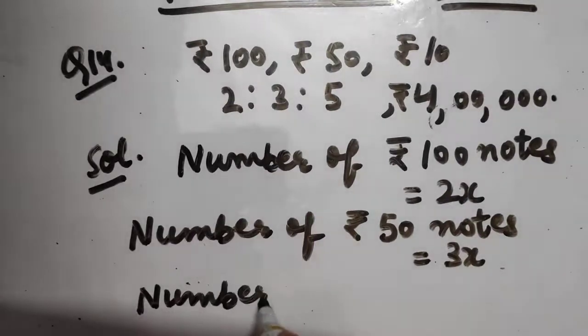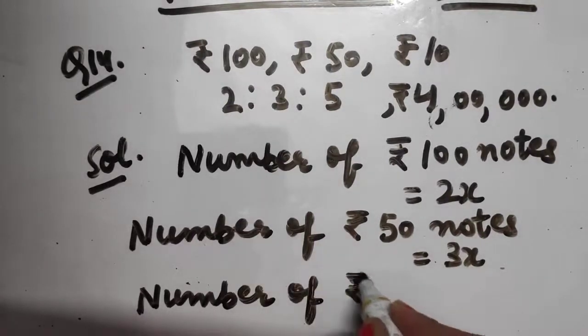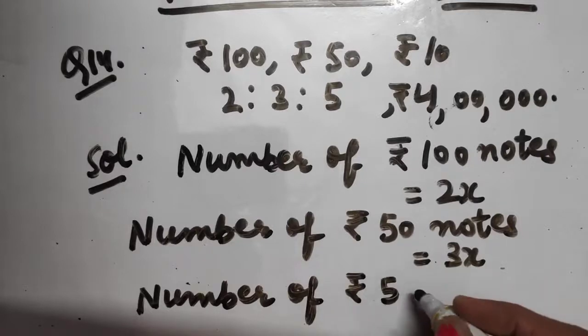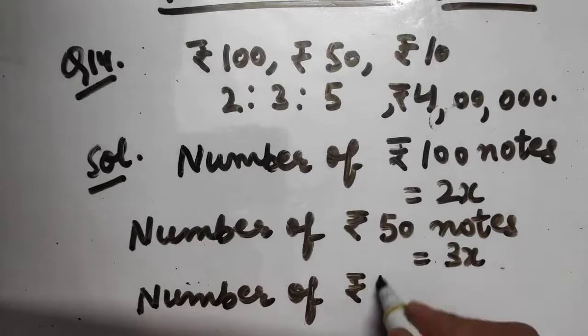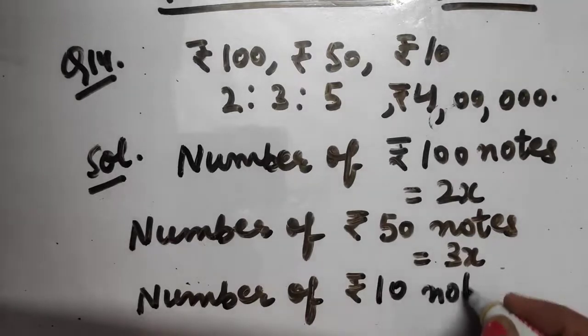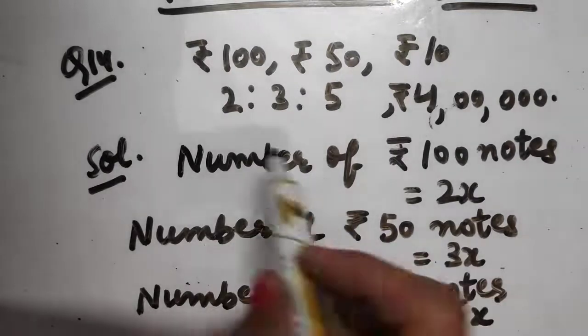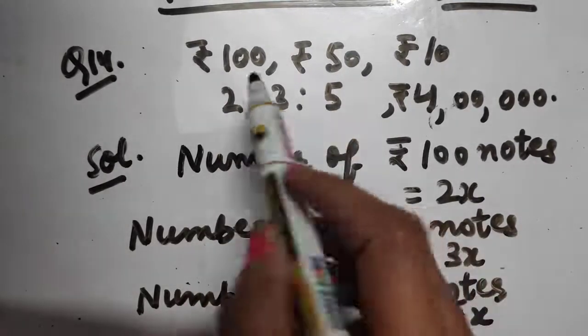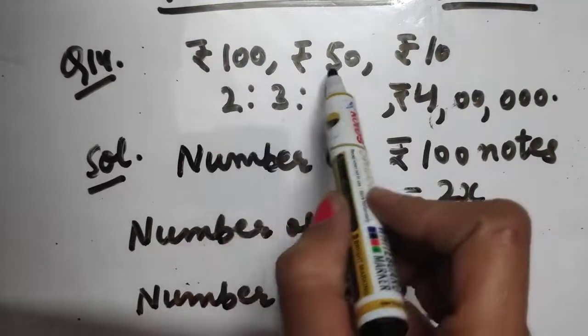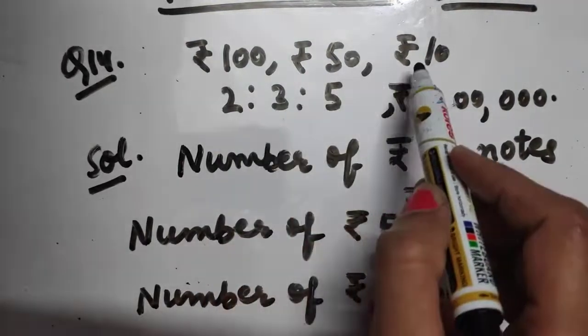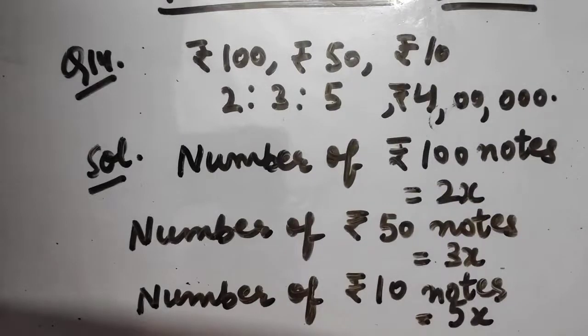Number of rupees 10 notes will be equal to 5x. So it will be 2x, 3x and 5x. Number of 100 rupees notes will be 2x. Number of 50 rupees notes, it will be 3x. Number of 10 rupees notes, it will be 5x.